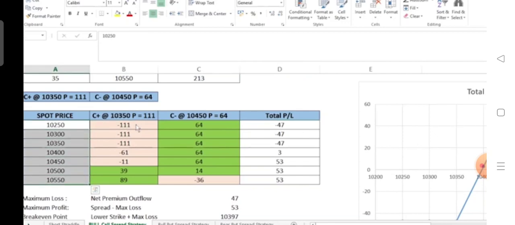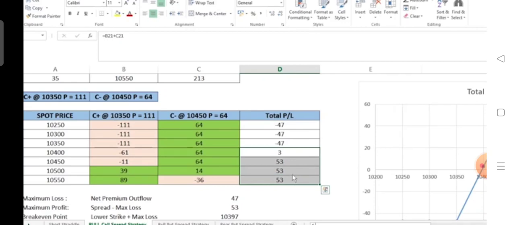Likewise, we can see different spot prices, the different PLs over here, and the total PL from the strategy is listed here. If the price is increasing, we can see that the profit is increasing.